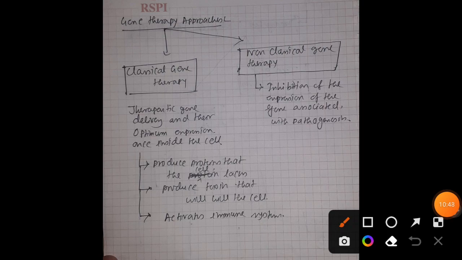Now we are going to talk about two approaches. One is classical gene therapy, another one is non-classical gene therapy. So what is classical gene therapy? In classical gene therapy, after the therapeutic gene delivery inside the cell, the gene will produce a protein.